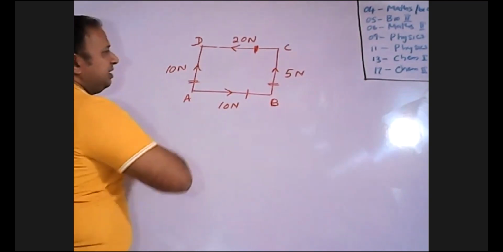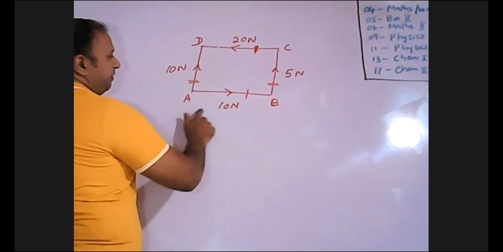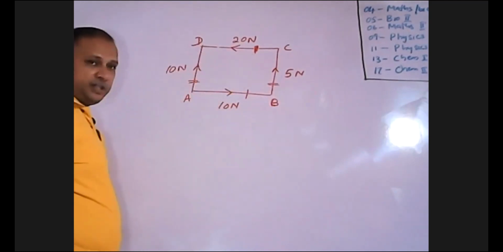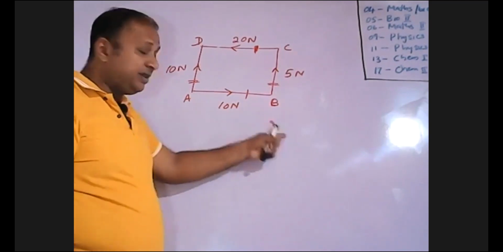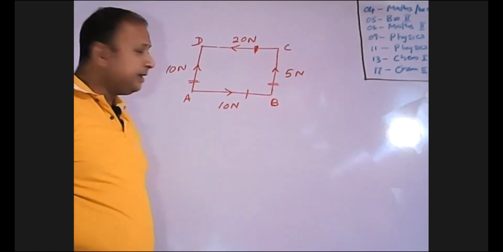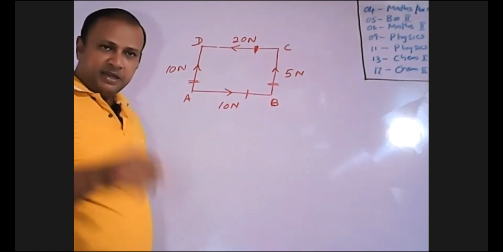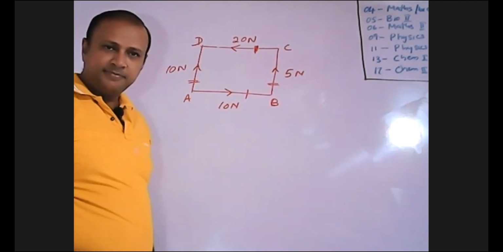If you are given this kind of vector system, that means the vectors are not represented in magnitudes. Therefore, we cannot apply the vector addition theorem. Did you get my point?